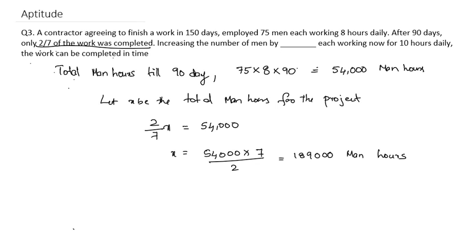So total work left to finish equals total work minus total man hours completed till 90 days, that is 1,89,000 minus 54,000 equals 1,35,000 man hours.